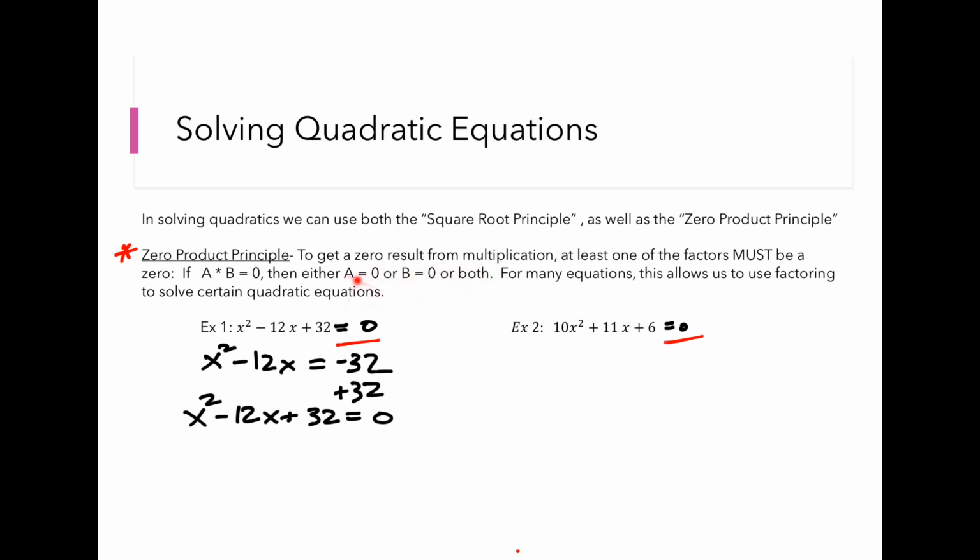That's the only way I would get a 0 product. And this principle is going to allow us to solve these equations using factoring. Because factoring is simply a rewriting of something as a product, right?